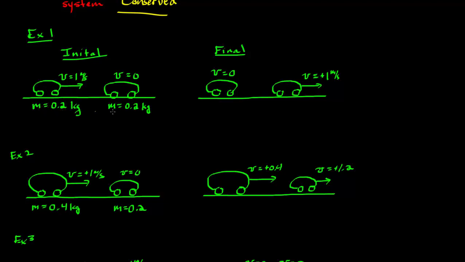They're both the same mass, 0.2. This one's moving with a velocity of 1 meter per second, and it hits this car, which is sitting still, velocity of 0. And after the collision, car number 1 has stopped, and car number 2 leaves with the velocity. So you can see this one was moving, it hit it, and then car 2 takes off and car 1 stops. If you've ever played pool, you can make pool shots like this.